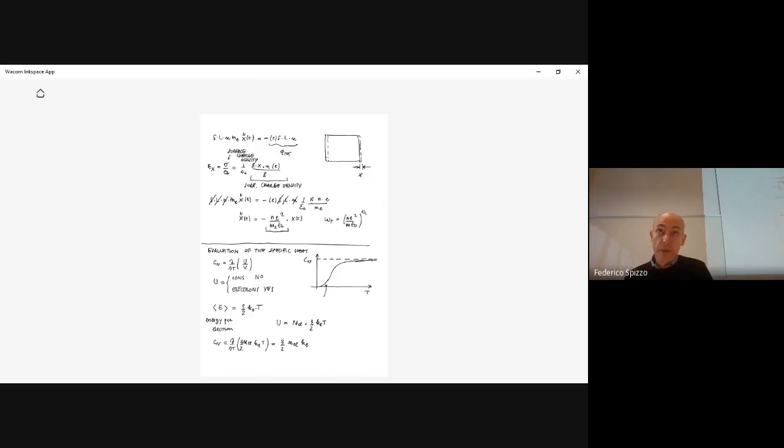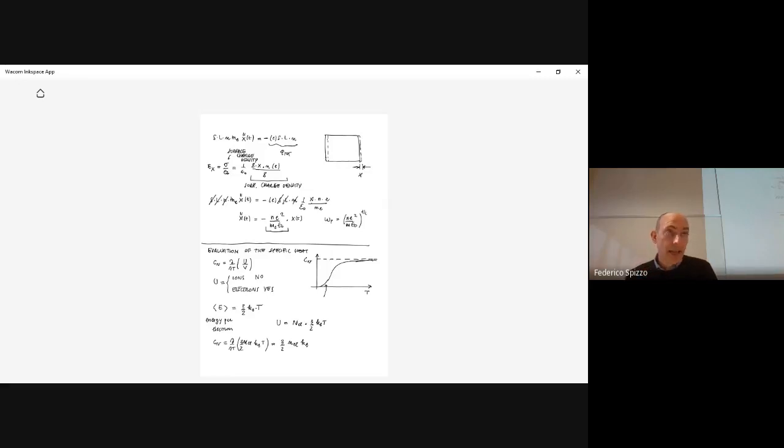And the first thing we note is that you have no temperature dependence. Due to that, we for sure fail to properly describe the experimental data, because there you have a temperature dependence.